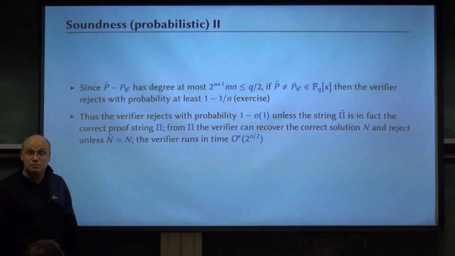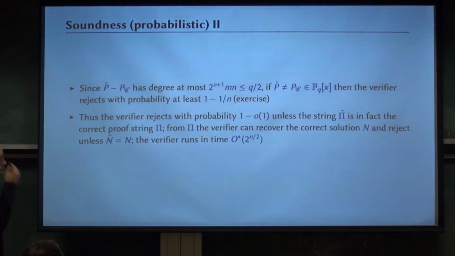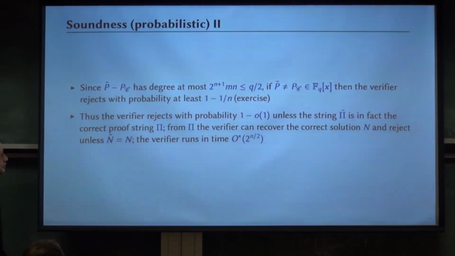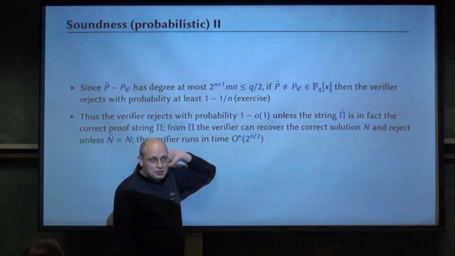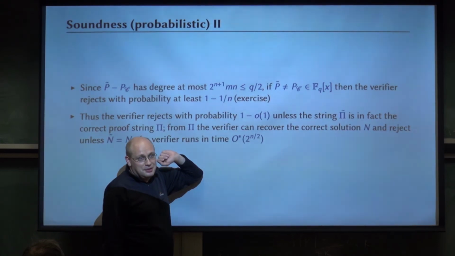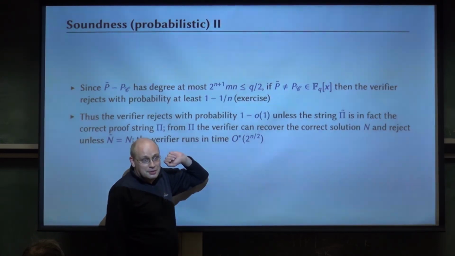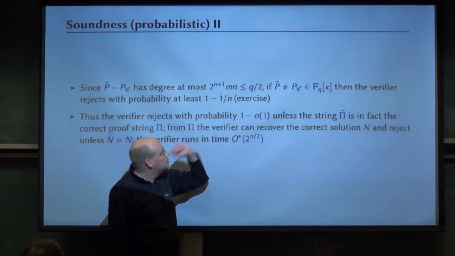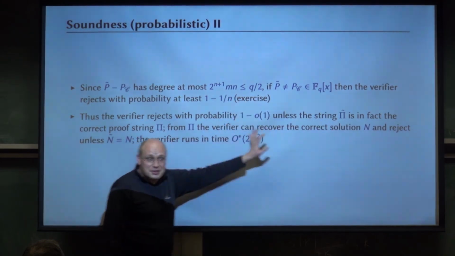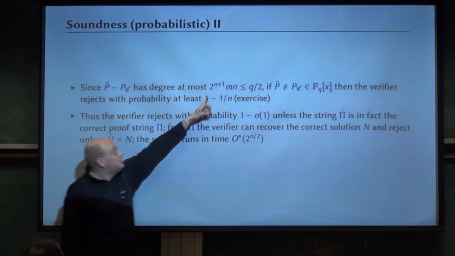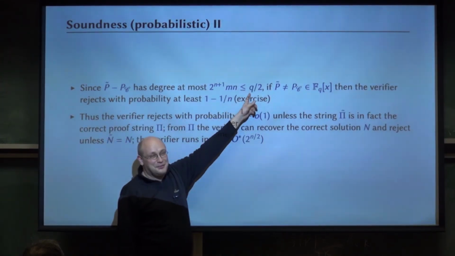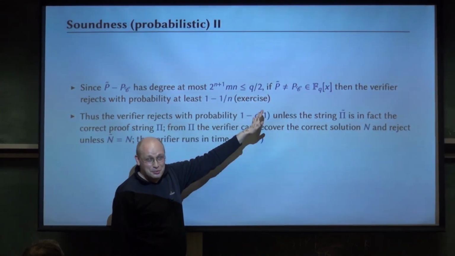So again, where were we? We were very careful to make a logarithmic number of repetitions. So what's the probability that an individual repeat actually witnesses a failure? Not witnessing means hitting a root of the difference. But the degree is this, so there are at most half the field size roots, and the rest have to be non-roots.